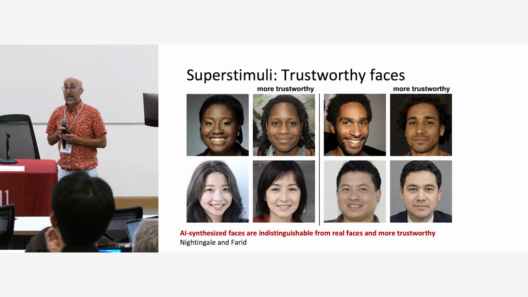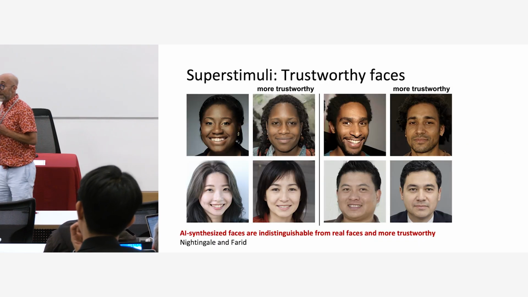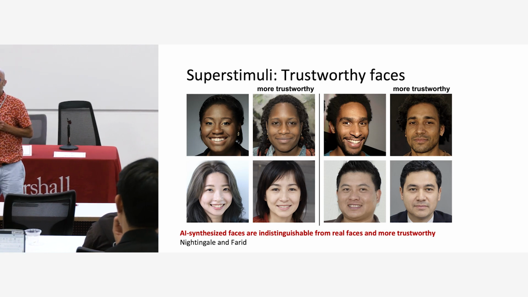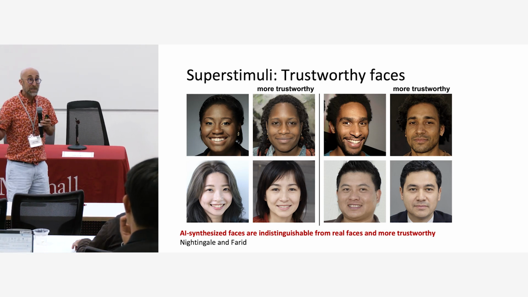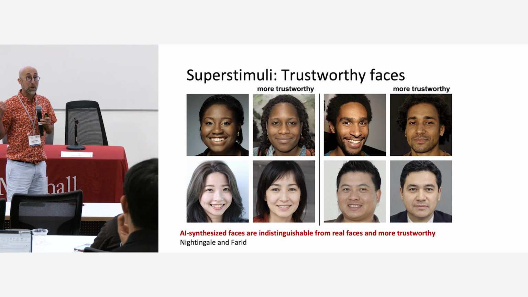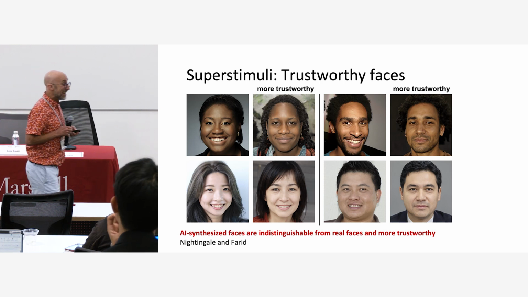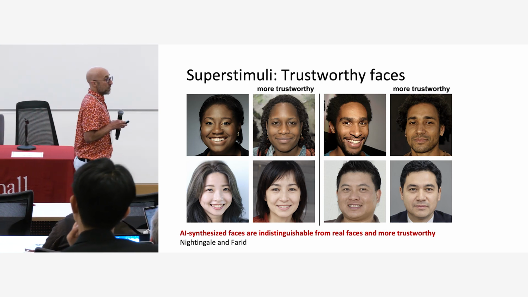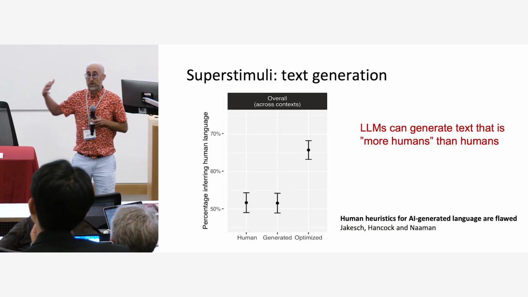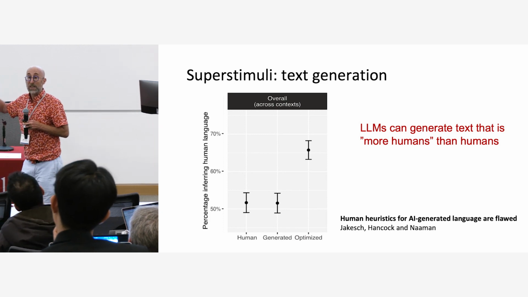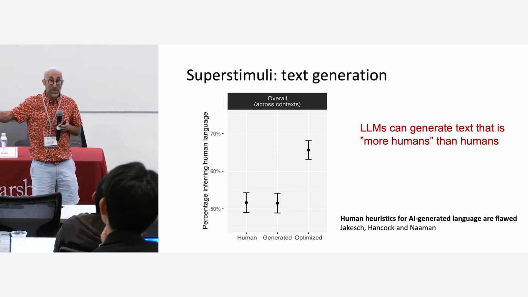So, generative AI can produce faces that are indistinguishable by humans from real faces, but are judged more trustworthy. Cool. Many people, you've seen it, have generated text which is indistinguishable from text generated by humans.